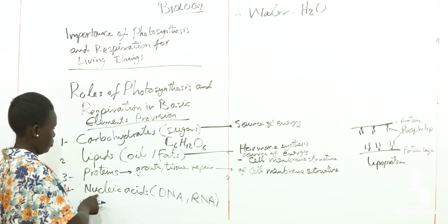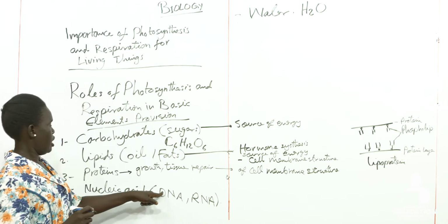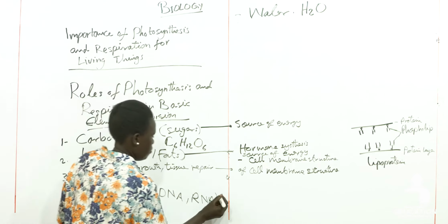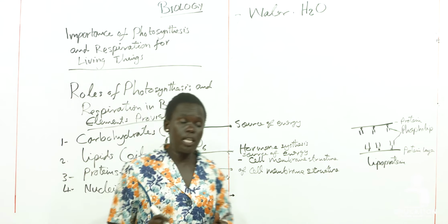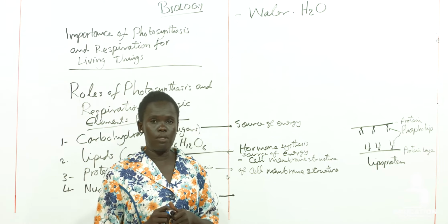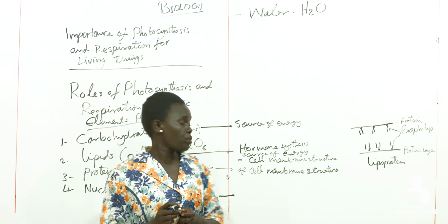Then coming to the nucleic acids. Nucleic acids include DNA and RNA. The function of them is carrying very important processes for the life of living organisms. They pass on the genes of living organisms.